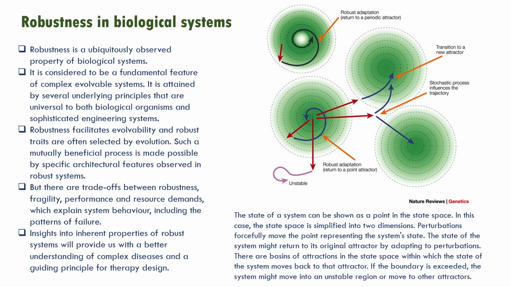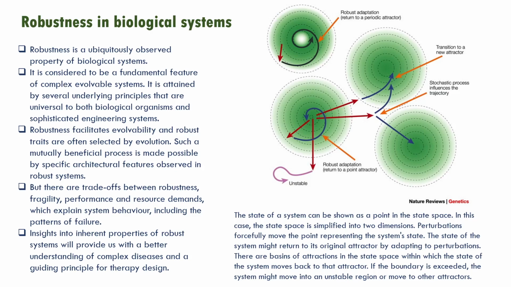Next, we come to the concept of robustness in biological systems. Intuitively, everyone kind of knows what robustness is. It's basically the ability of a system to stay in its state irrespective of all the perturbations it is going through.